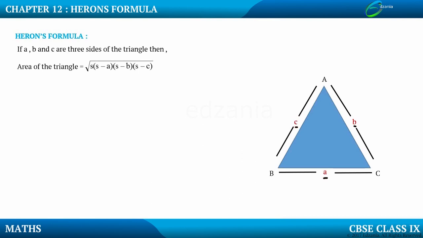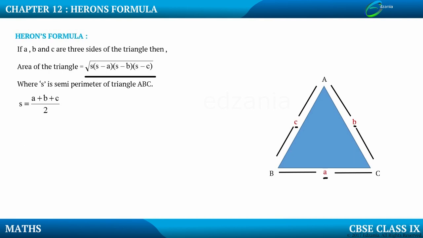This is the formula. I repeat, root of s into s minus a, s minus b, s minus c. So this is the formula, where s is the semi-perimeter of the triangle and semi-perimeter is given by a plus b plus c upon 2, as we have seen in the previous slide as well.